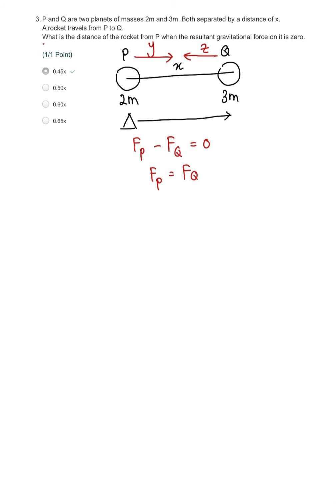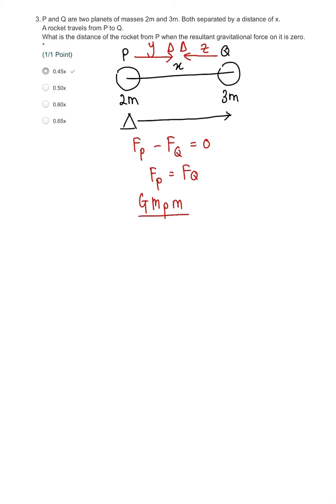Alright, so what is the formula for gravitational force? G M for P and M for the rocket, sebab kita nak tengok from the position of the rocket, dekat mana yang kita akan dapat the distance when the resultant gravitational force on it is 0.